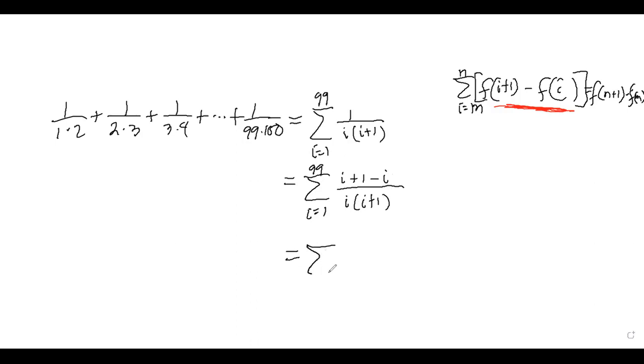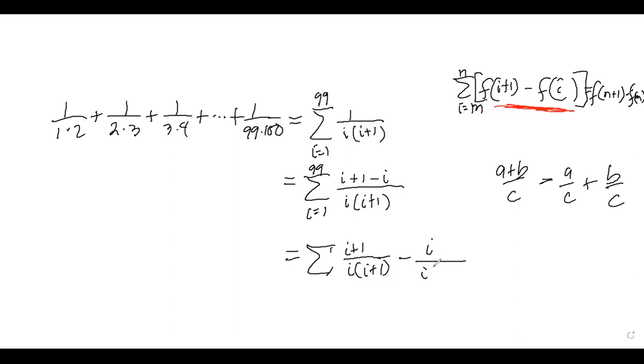Okay, we will be rewriting this, as we all know that a fraction of the form a plus b over c can also be written as a over c plus b over c. So here, this can be written as i plus 1 over i times i plus 1 minus i over i times i plus 1, where i ranges from 1 until 99.